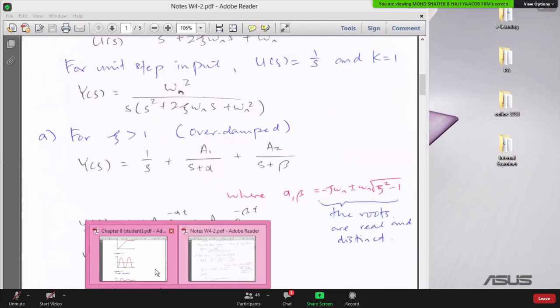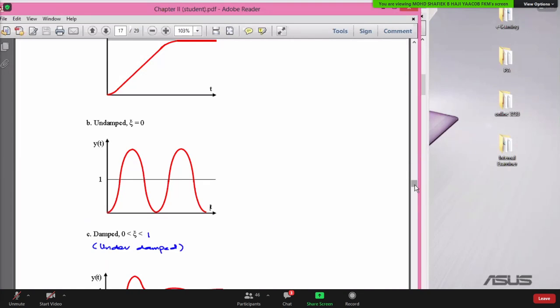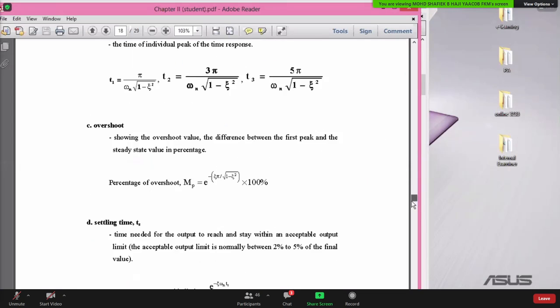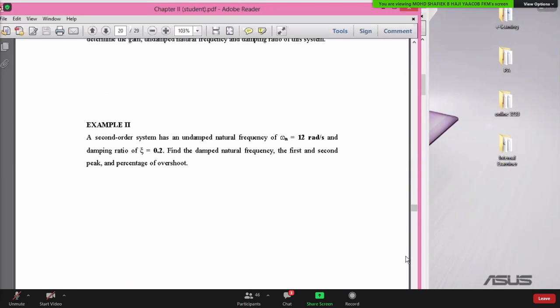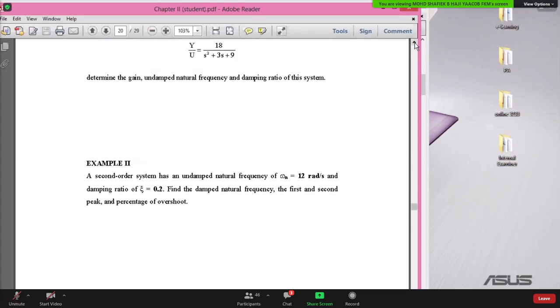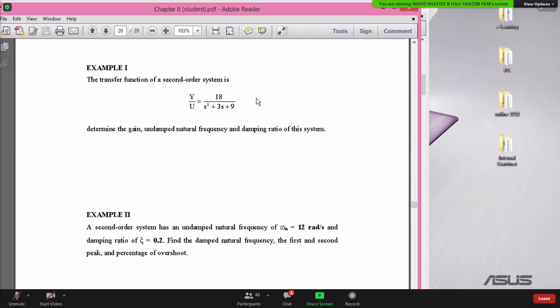All right, so let us take a look at an example. Example 1. You're given this transfer function. The transfer function of a second order system is given as 18 divided by s squared plus 3s plus 9.